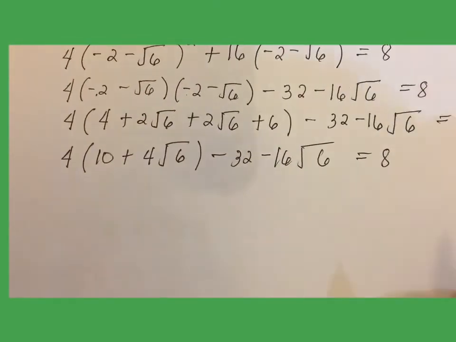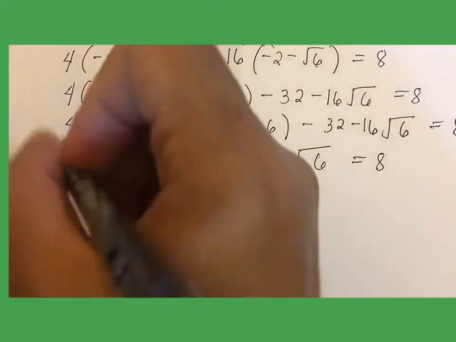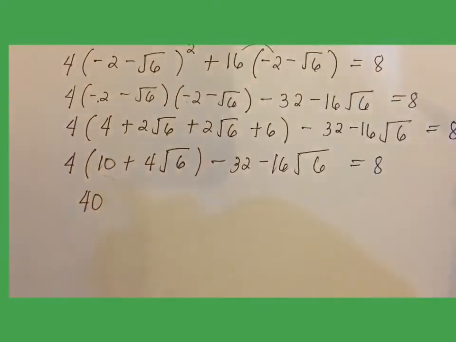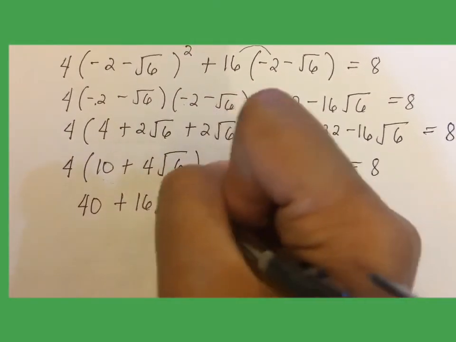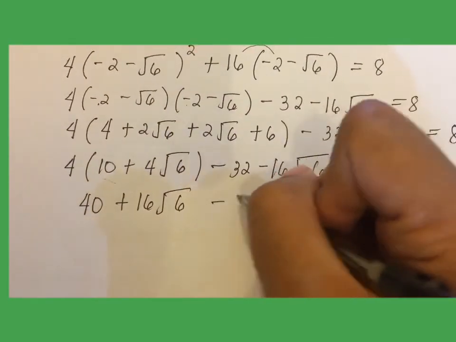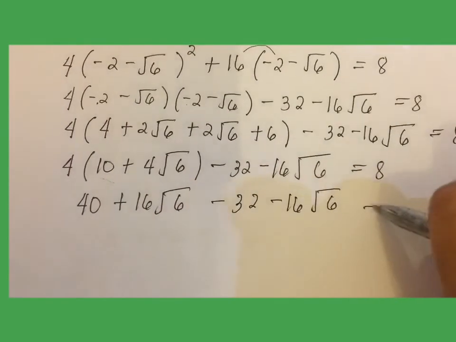Now, what are we going to do next? We simplify this. 4 times 10, that's 40. Plus 4 times 4, that's 16 square root of 6. Minus 32 minus 16 square root of 6 equals 8.